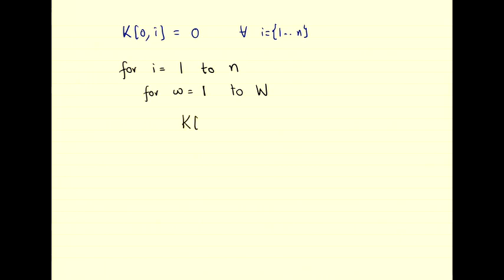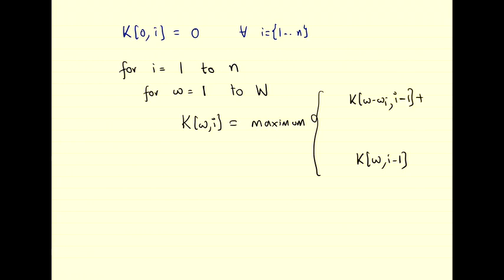K of W, i is the maximum of two possibilities. Either it doesn't contain the ith element, in which case it is K of W, i minus 1, or, if it contains the ith element, it is K of W minus w_i, i minus 1 plus v_i.